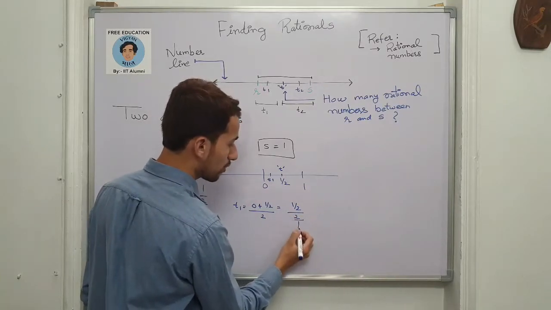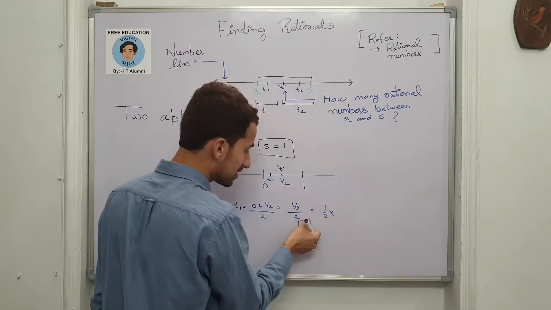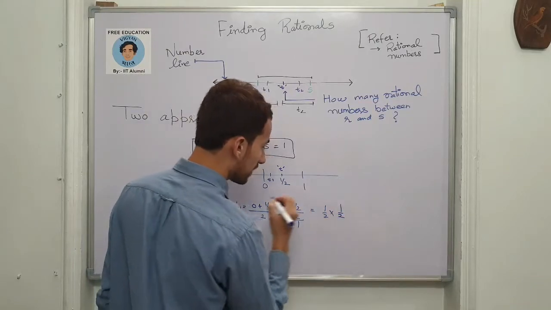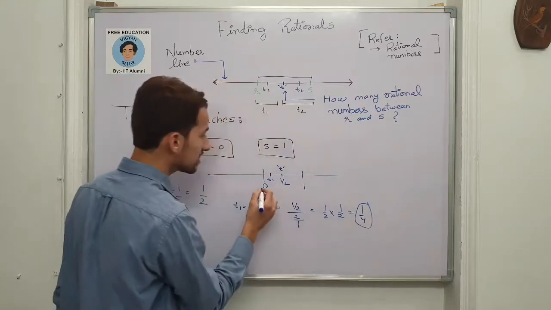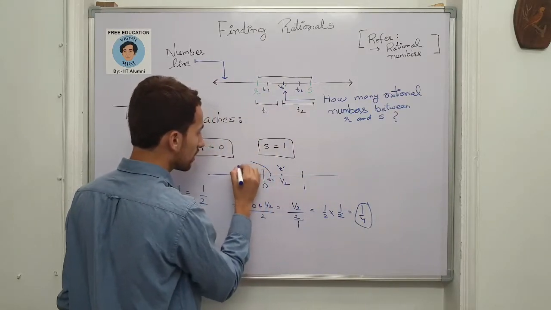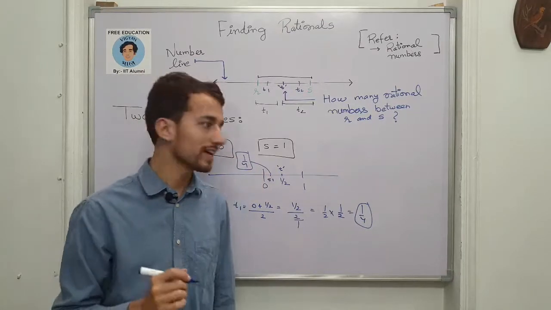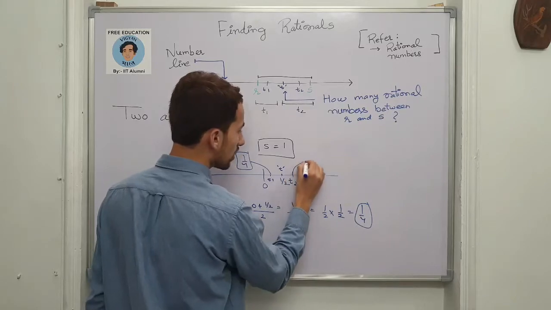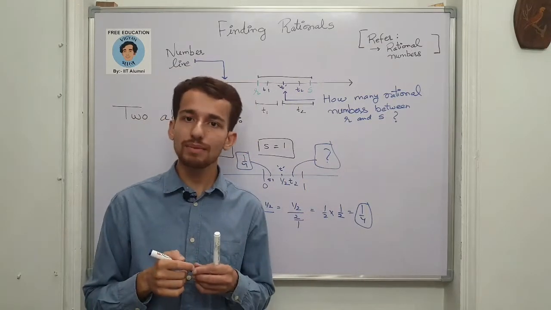We can rewrite 2 as 2 by 1, and now take the reciprocal of this one, so it will be 1 by 2 times 1 by 2, simply 1 by 4. So this value is 1 by 4. This is the new rational number which you find. Now I give you a task, try to find this T2. Try to find it yourself and answer me in the comment section.